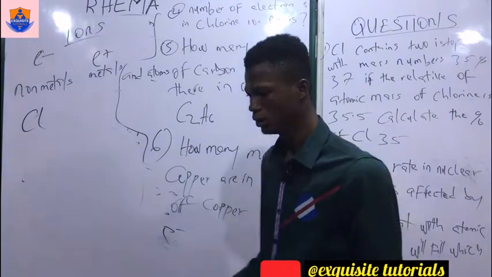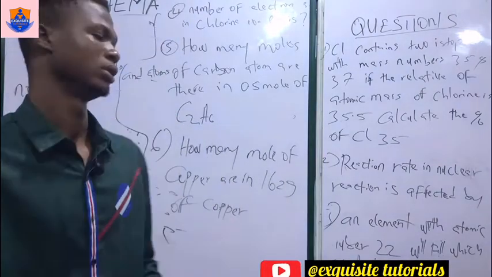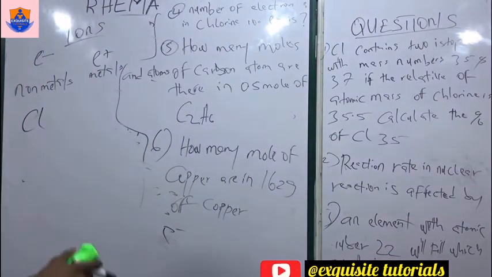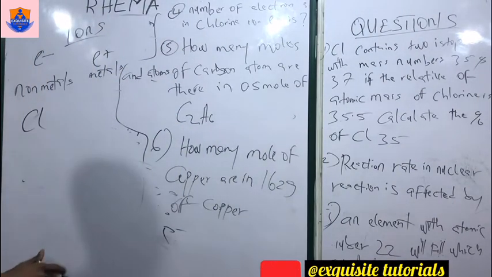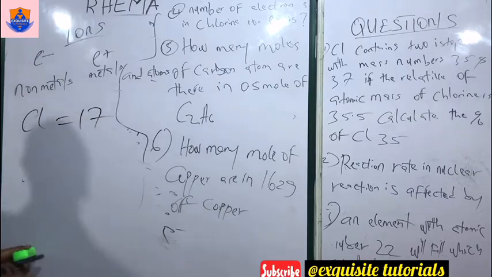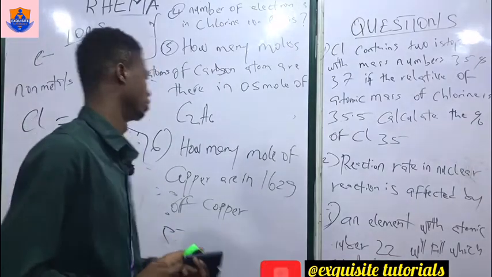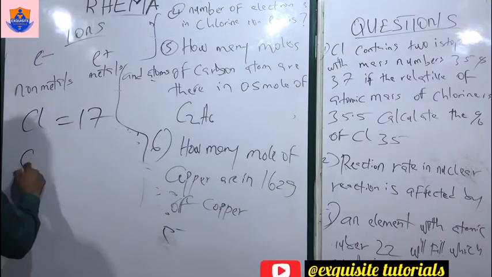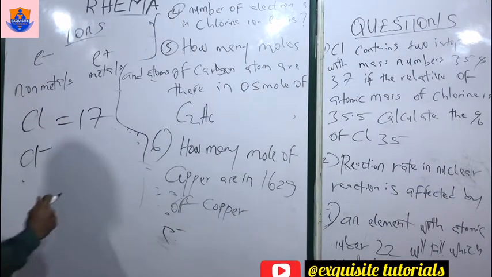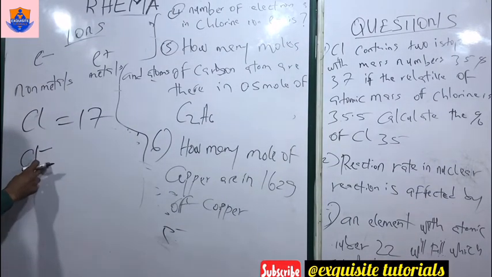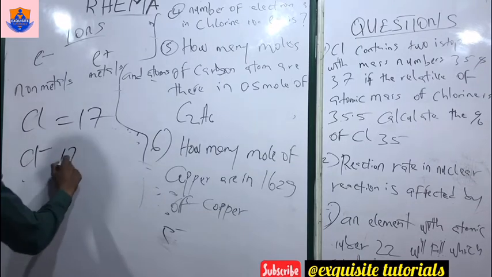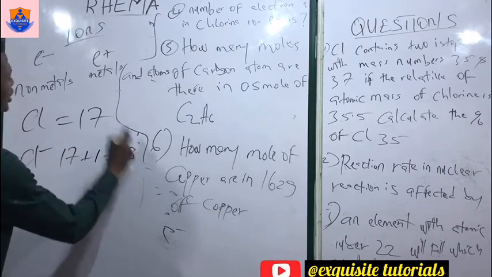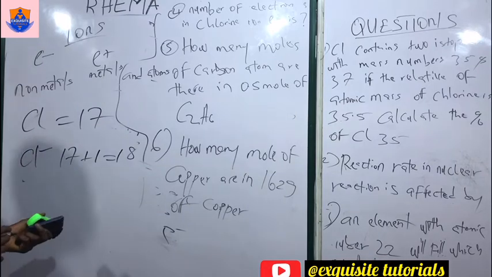Chlorine is number 17. So the number of electrons of chlorine is supposed to be 17, which is the same as the number of protons. But when chlorine has a minus, it means chlorine has accepted an electron. So 1 electron, which means 17 plus 1 equals 18. This is what this minus means.